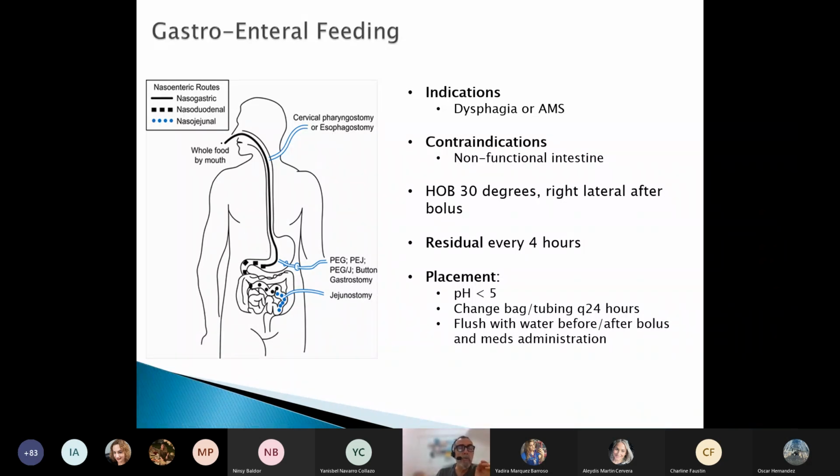So don't use the old technique, even if you saw it in clinicals or wherever you've been working, of introducing air and auscultating with a stethoscope to hear gurgling sounds in the stomach.